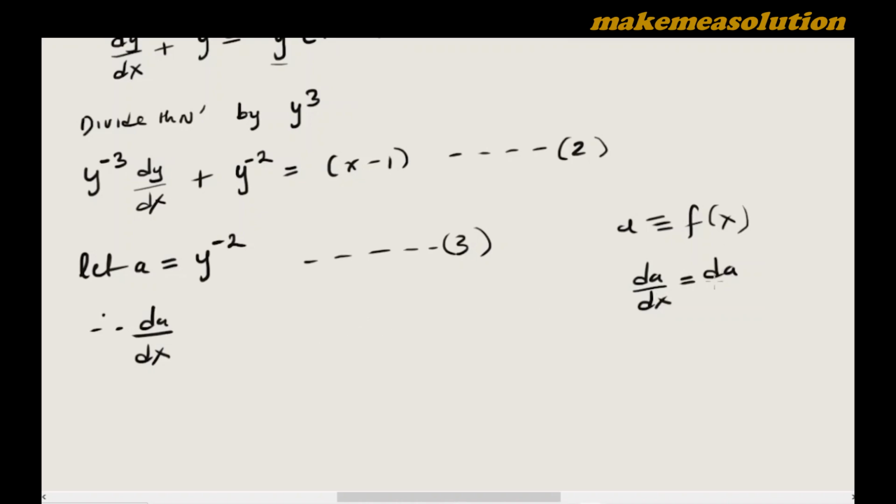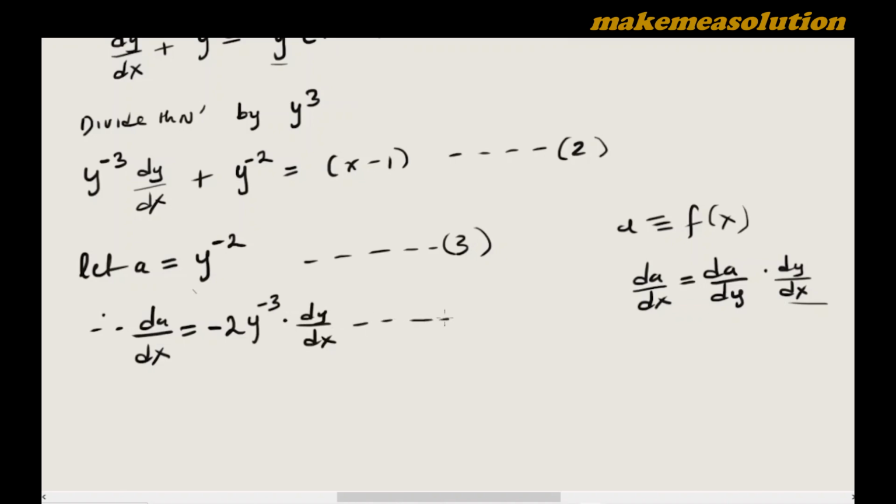Since a is a function of y and y is a function of x, da dx will be da dy times dy dx. Okay, so da dy, differentiating this one with respect to y, gives you minus 2y to the power of minus 3, and it's actually minus 3 because when you differentiate you actually reduce 1 from the power. Okay, so when you reduce 1 from a negative number, the negativity increases. That's why it's actually taking us backwards to minus 3. Then you now have to multiply this by what? Dy dx. Okay, according to chain rule, dy dx.